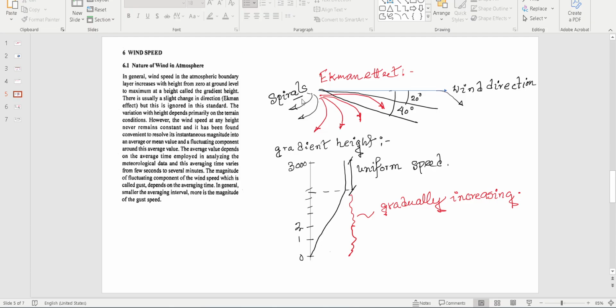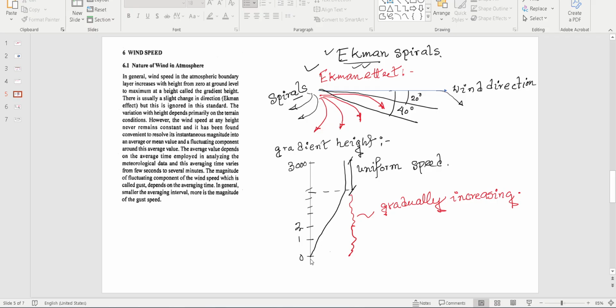And these spirals are called Ekman spirals. Why Ekman spiral? Because he has described it with a mathematical calculation. Now come to the point of gradient height.